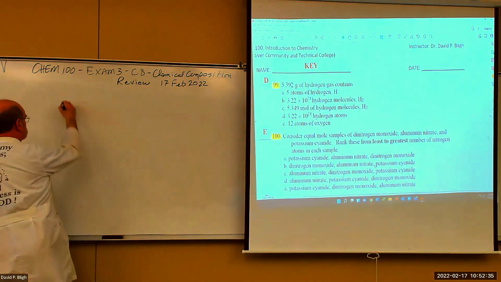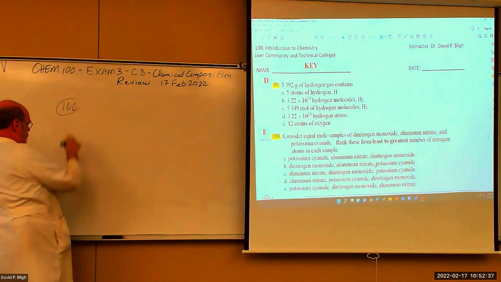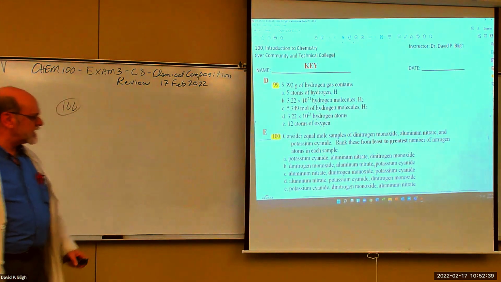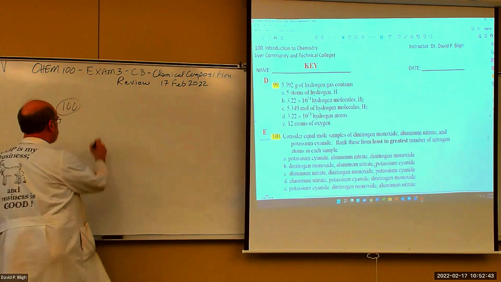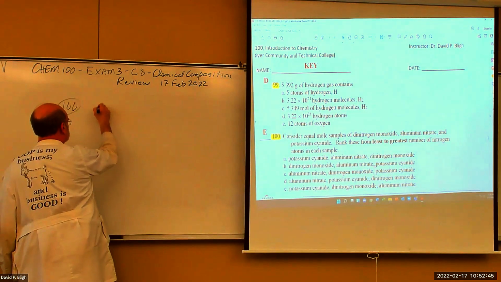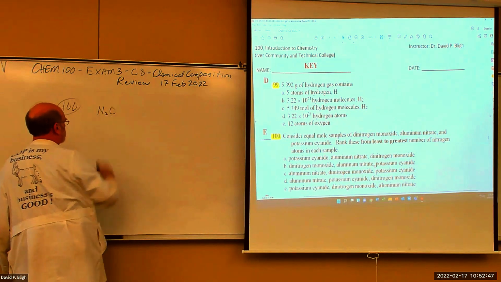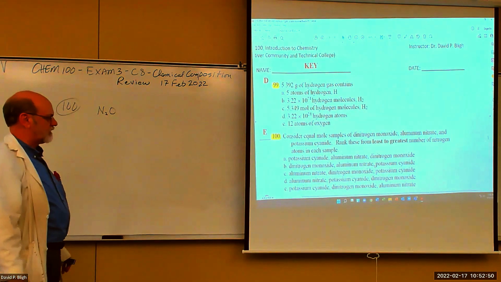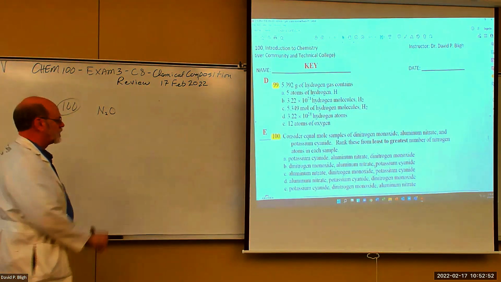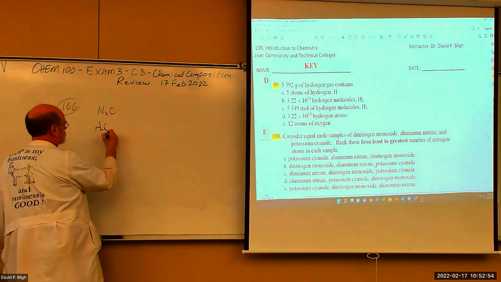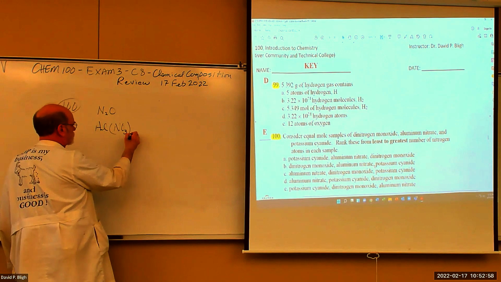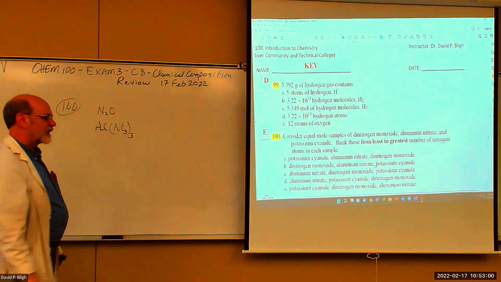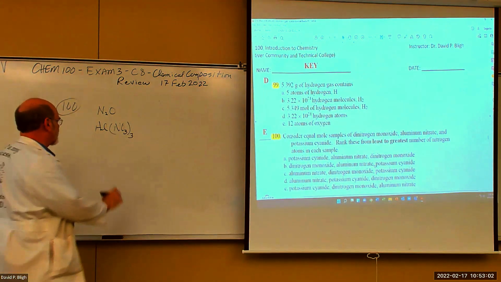$100. Consider equal mole samples of dinitrogen monoxide, laughing gas, aluminum nitrate, let's see, potassium cyanide.